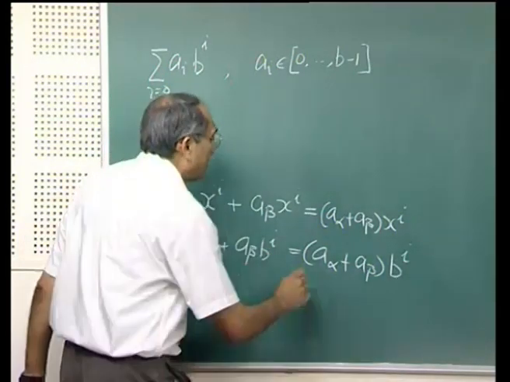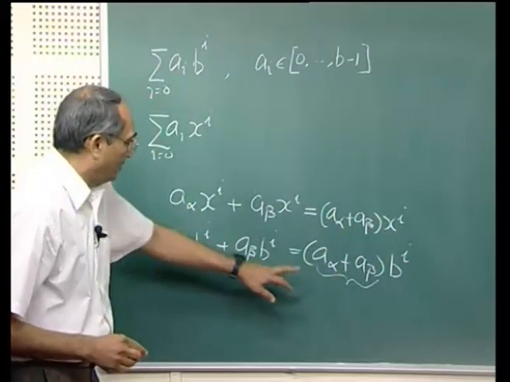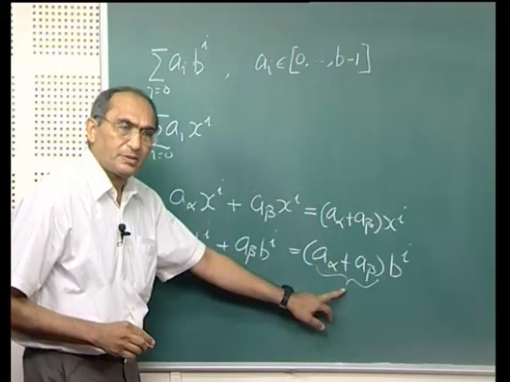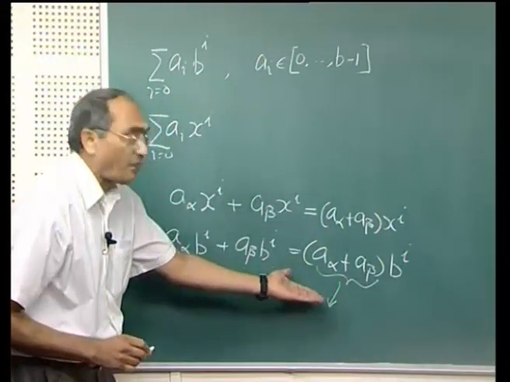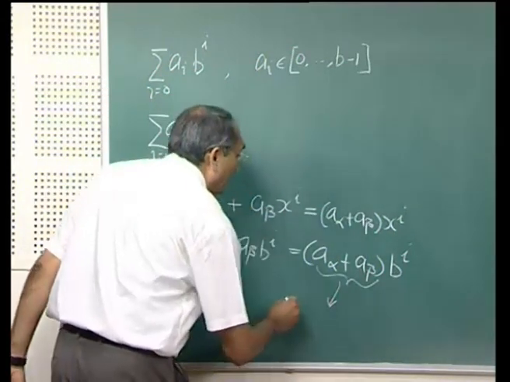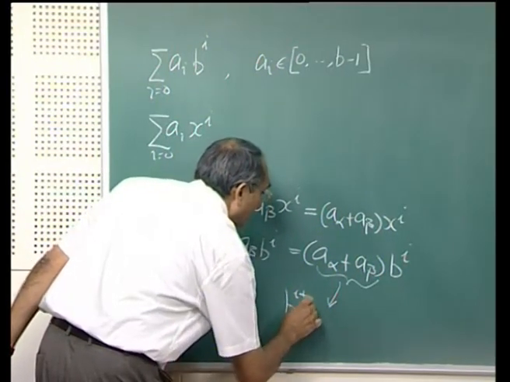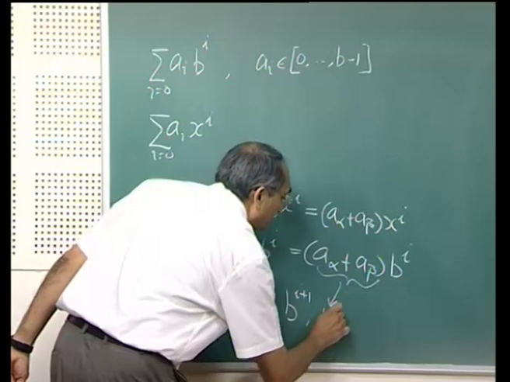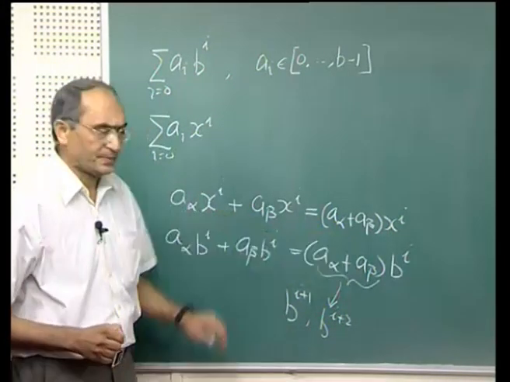The reason is that this may be outside the range, namely 0 through b minus 1. So this could actually create terms of higher order. So it might go into terms corresponding to b^(i+1), b^(i+2) and so on. But that does not happen here.